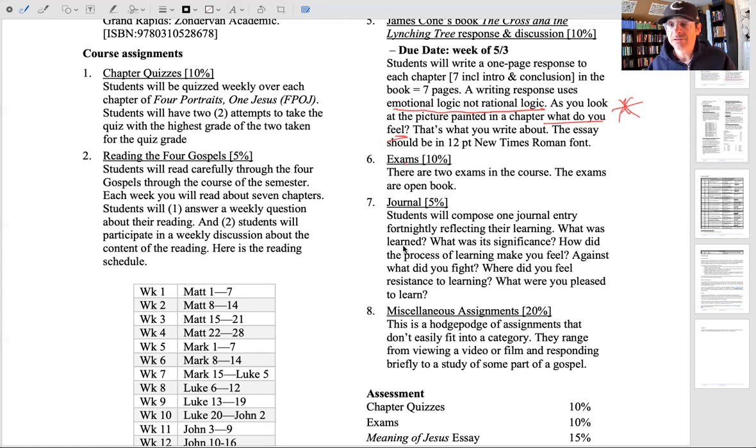And at the heart of all of this is the significance of Jesus. How has this helped you understand the significance of Jesus? How have you gained a greater understanding of who Jesus is? So that's what we're talking about there.